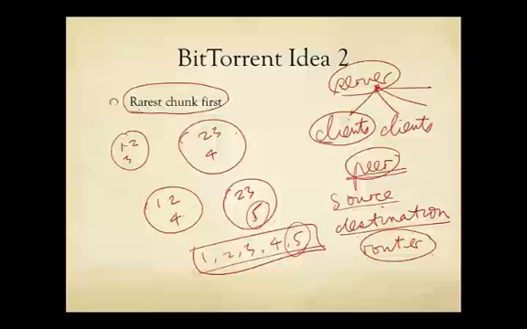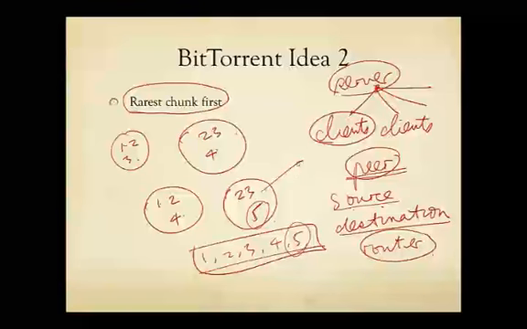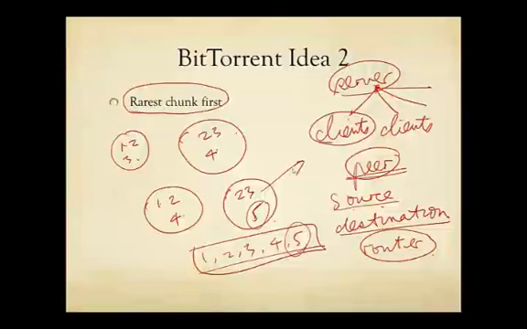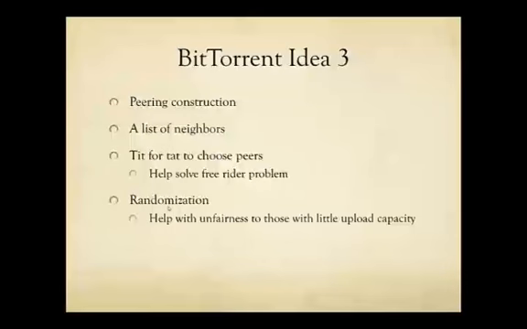And clearly that's a good idea, so that it won't happen that all the peers got 1, 2, 3, 4 and everybody is waiting for this rare chunk 5. Also, just in case this peer got all the chunks and decides to leave the system, the other peers will still have an available chunk number 5. So that's smart idea number 2, rarest chunk first.